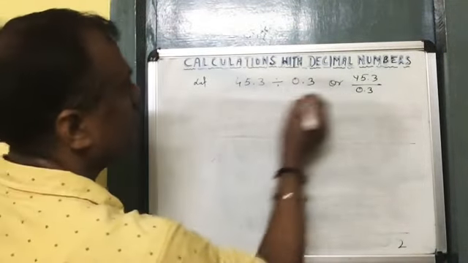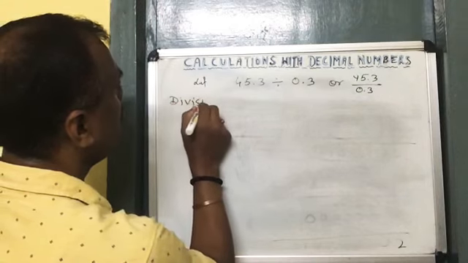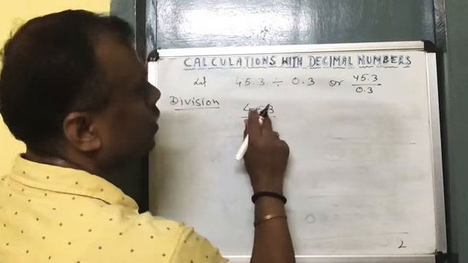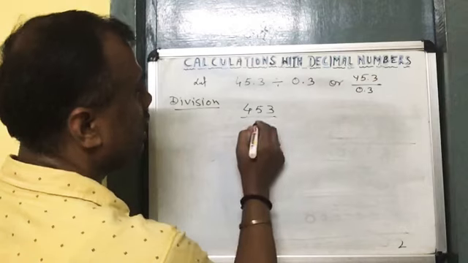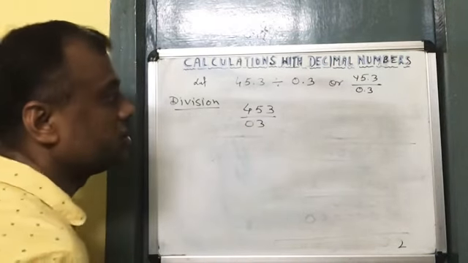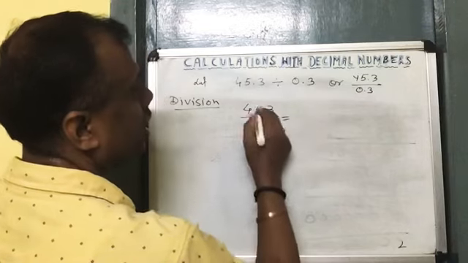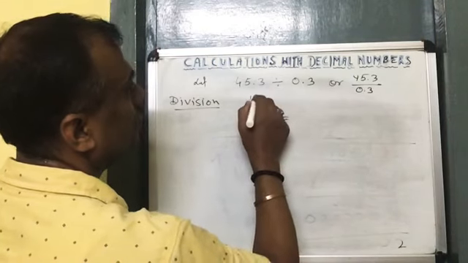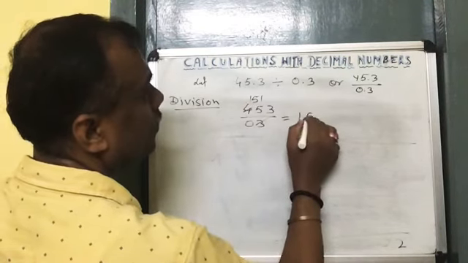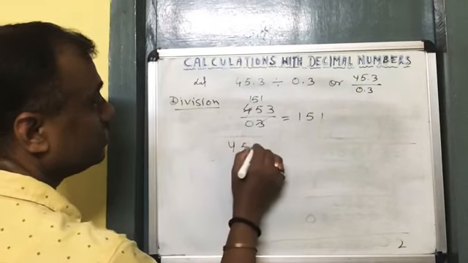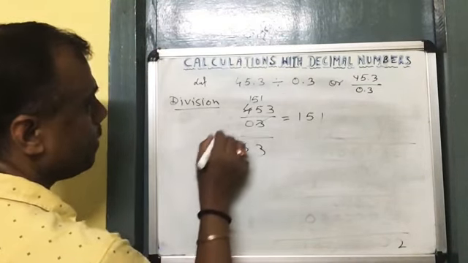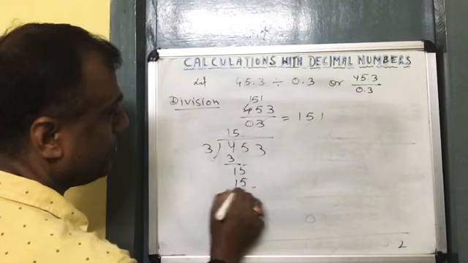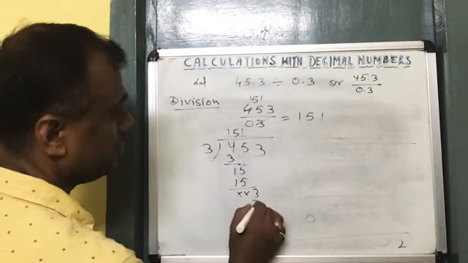So first, what will I do for the division? Make it 45 and 3, remove the decimal, and here also remove the decimal. Now you see it becomes very easy. I can divide it. 3 into 4, 1, 3 into 13, 1, 15, and it becomes 151, or you can divide it by this one. 3 into 3, 1, 3 into 15, 3 into 3.